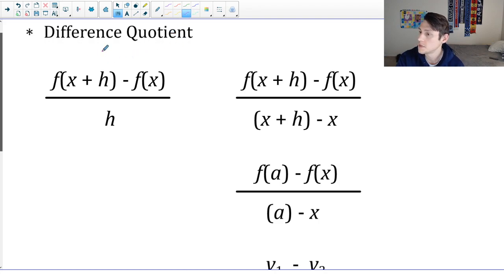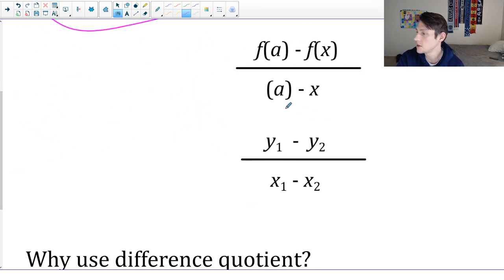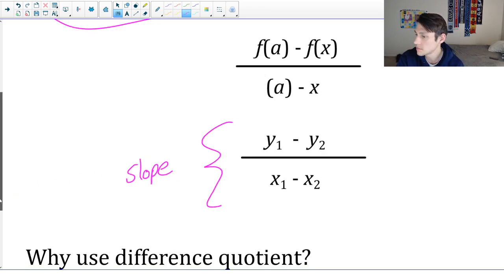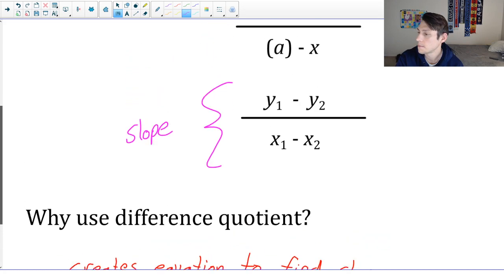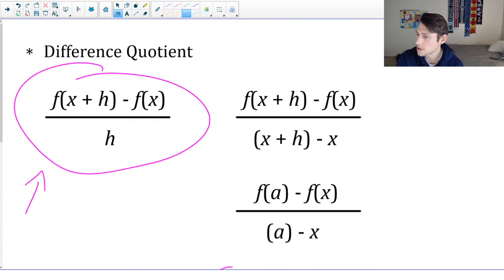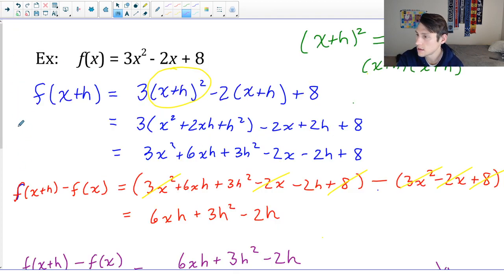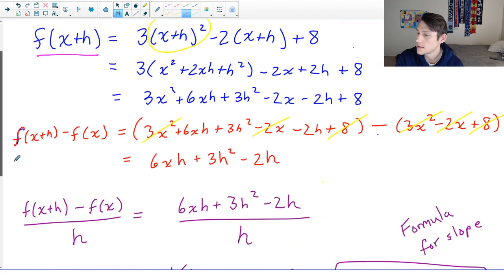So this was difference quotient. I showed you here that it's essentially just a slope formula. But this is actually the difference quotient. So here's an example that we did. We split it up into 3 steps. First step, find f of x plus h. Do some simplifying. Second step, take whatever we got, subtract the original function.